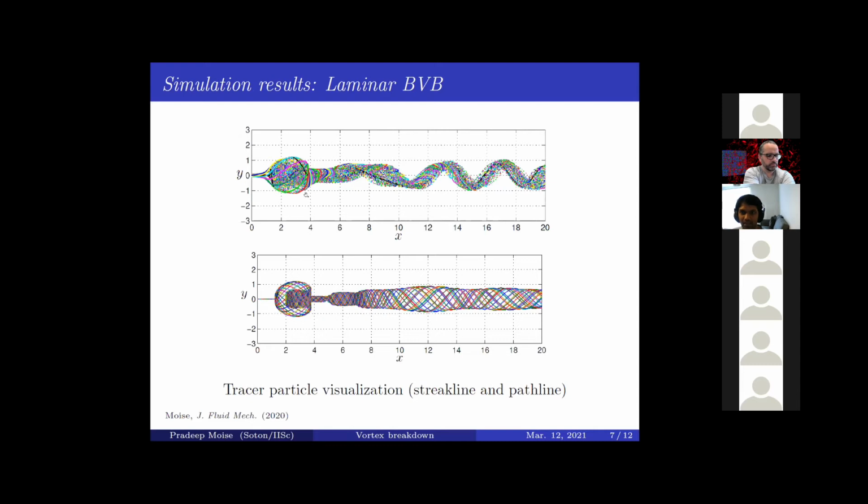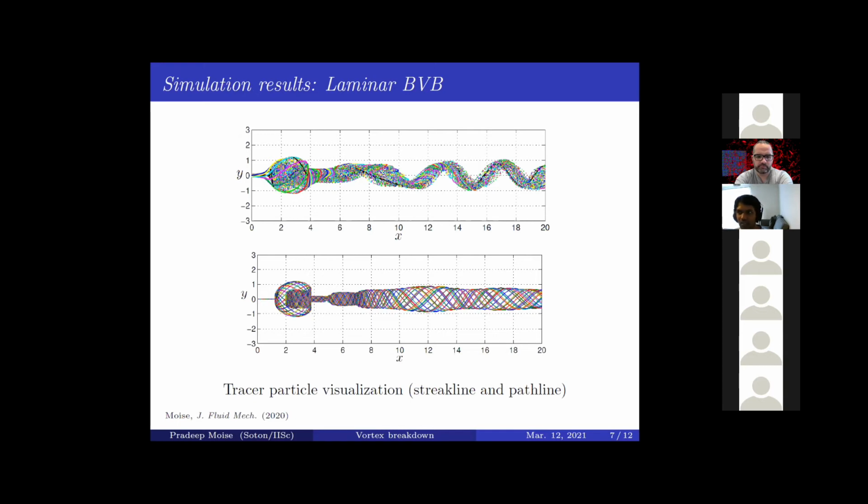A stagnation point develops. An ellipsoidal recirculation zone that is characteristic of a bubble form of vortex breakdown appears, and the streak line tracer particles enter it through the rear, and then mix inside, and then exit out and take a spiral path outside, which can also be inferred from the path lines taken by some of the particles shown here.